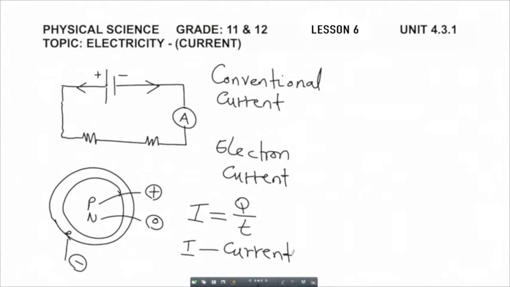And then the Q, this will be the charge. And then the last one, T, represents the time. So therefore, here we have already indicated what those variables represent, I, Q, and T.